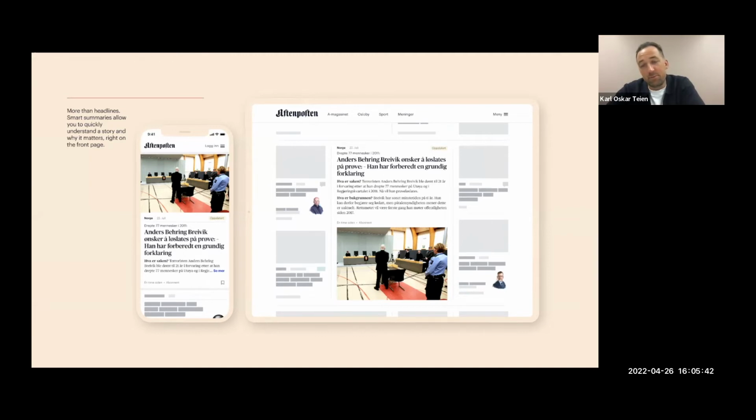The purpose of the front page isn't just to generate clicks into the article. It is to help the user solve the problem that they came there to solve. And what is that problem? Well, I want to understand the story and why it matters. If I can do that by just reading the summary, well, then great. Let's make that a subscriber exclusive feature. So that's what we're doing with this, right? Showing it only to subscribers.